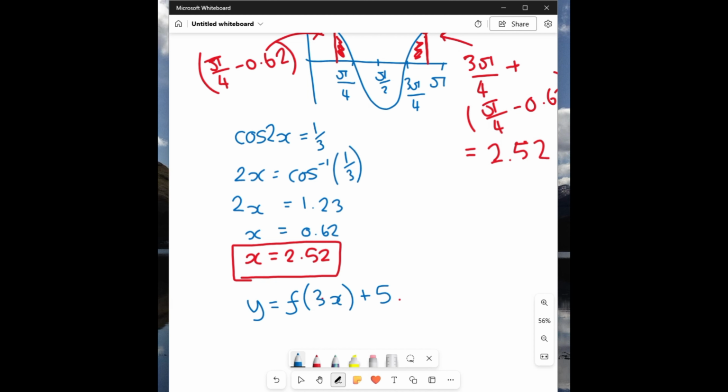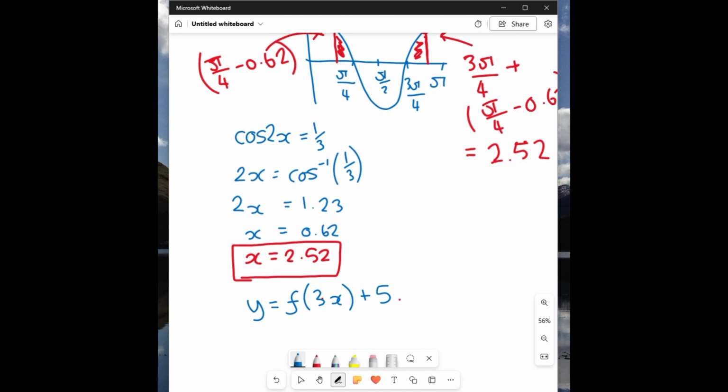So we're going to get 3 periods in the space where we normally would have had 1. That's why I like to think about it: if you're squishing it, you get more of them. So if it's sine of 2x, you get double the periods within the same region. If it's 3x, you get 3 of them within the same value you'd normally get 1 in. And then the plus 5 is just going to be a translation of 5 up.